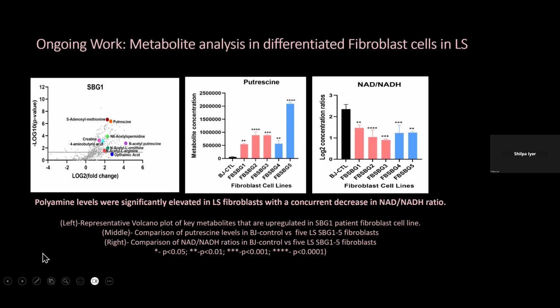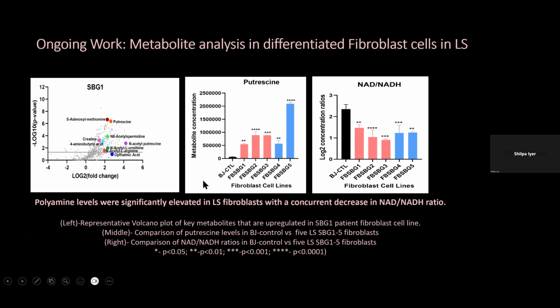And I think we heard a talk just before mine, and we also observed urea cycle disturbances. This is just one example I'm giving you, because SBG1 is a Leigh's fibroblast, and we saw elevated polyamine levels when we did a metabolomic analysis, as you are hearing that nutrition and mitochondria are intimately linked.